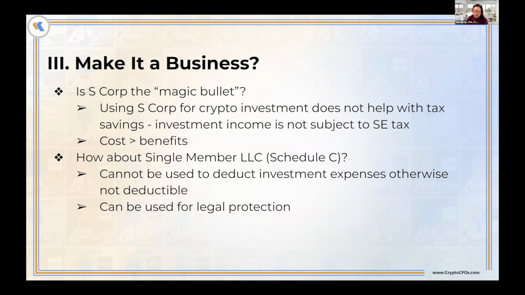In addition, using an S corp for crypto investment will most likely incur more costs, such as you have to do bookkeeping, you have to file a business tax return for the S corp, things like that, which will outweigh any benefit you may get.